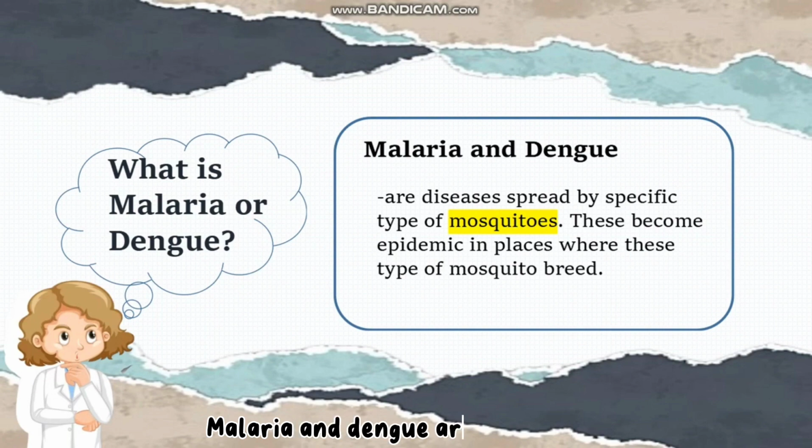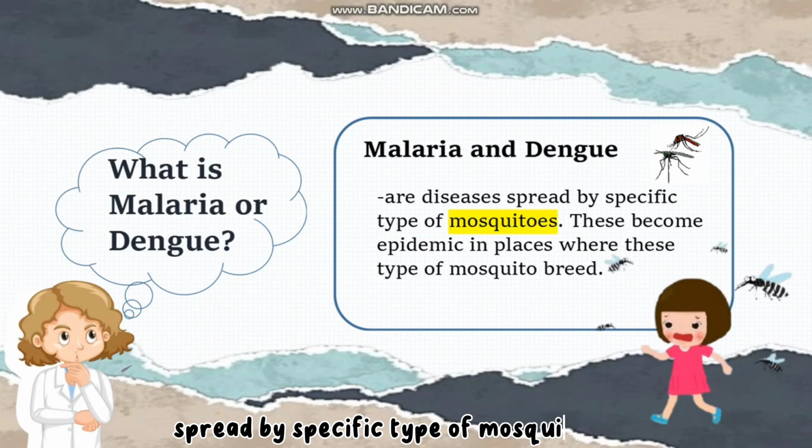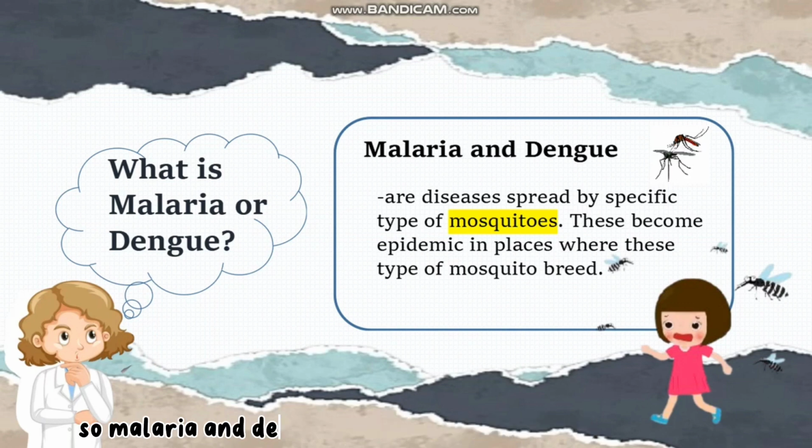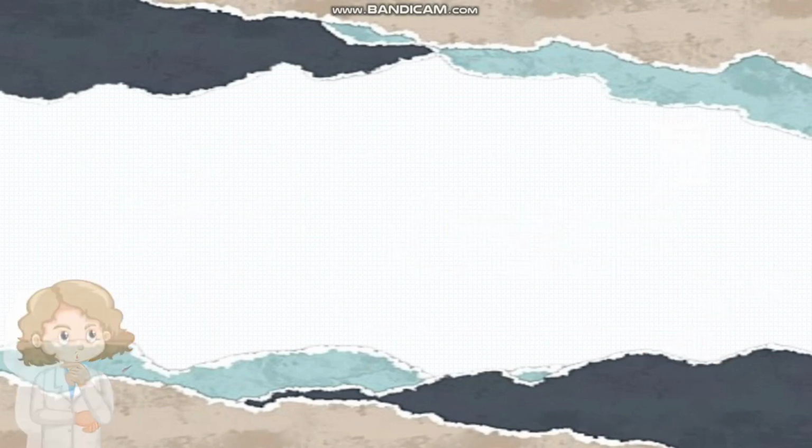Malaria and dengue are diseases spread by a specific type of mosquito. These become epidemic in places where this type of mosquito breeds. Malaria and dengue are from the bite of mosquitoes.